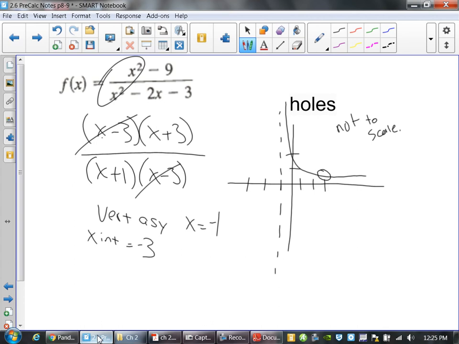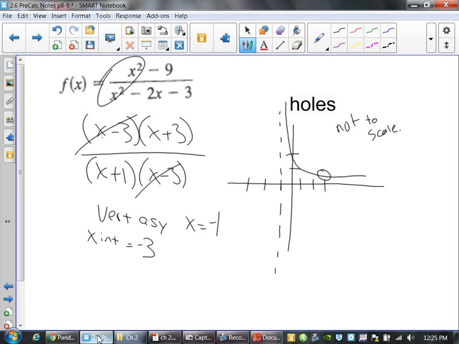Your zeros are still going to be both of them from the denominator, because did 3 work? No. So it's going to be everything but your asymptote and that hole. So include all reals except -1 and 3. Yeah, because there's a hole there, and it won't work.